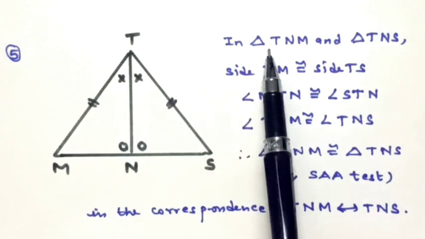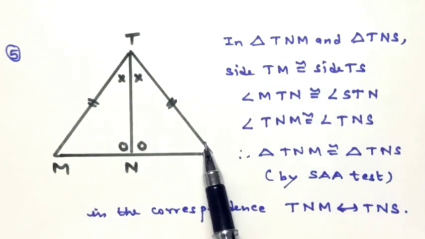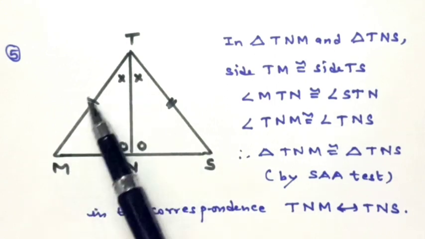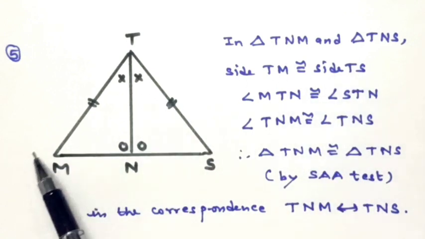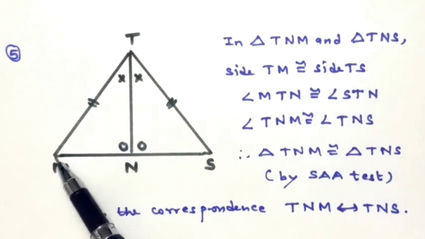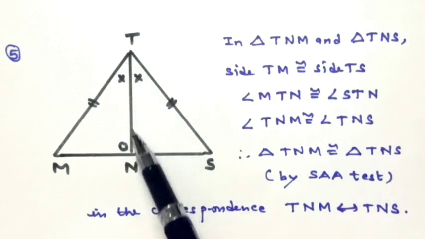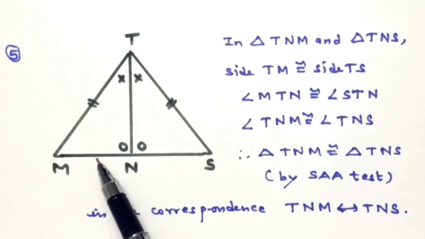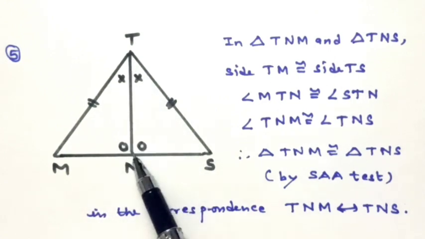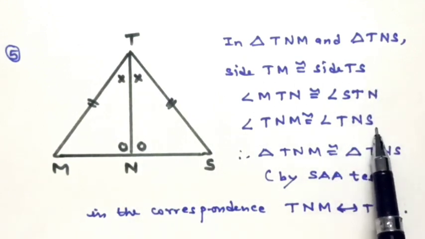Directly you can say in triangle TNM and TNS, side TM is congruent to side TS, write down, given. And this angle, which is MTN, is congruent to STN, again given, write down here, given. And angle TNM is congruent to TNS. So all three parts are congruent.